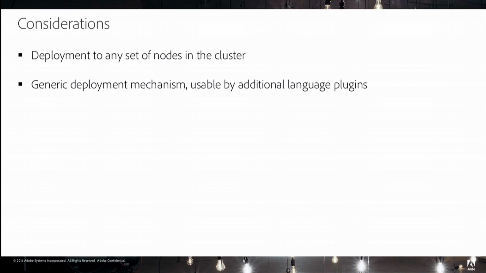We want to be able to deploy to all those nodes, if need be, whichever ones, and customize that. We wanted to have a generic deployment mechanism that we could all share and rally around, and have that usable no matter which language you were deploying with. We wanted to remove boilerplate code, create runnable tools and scripts.